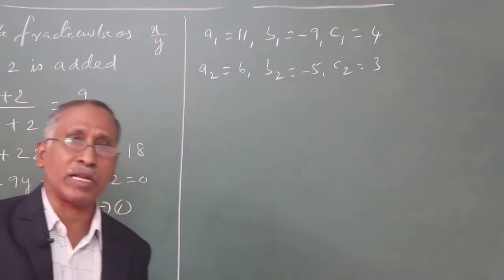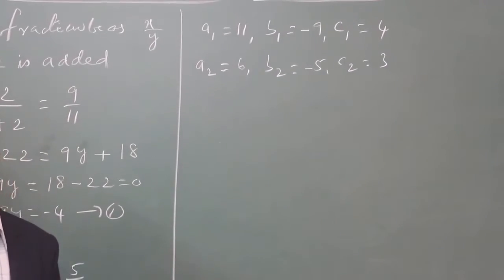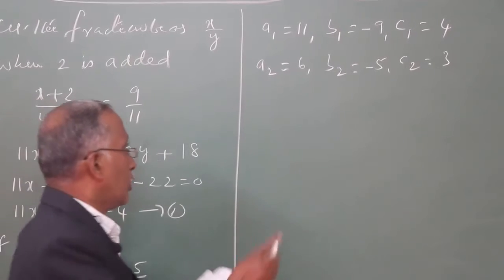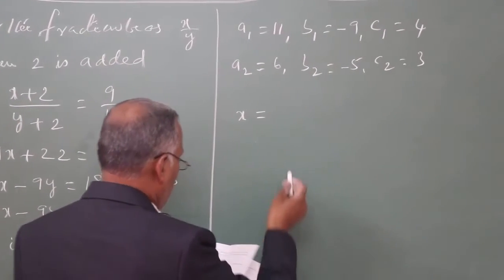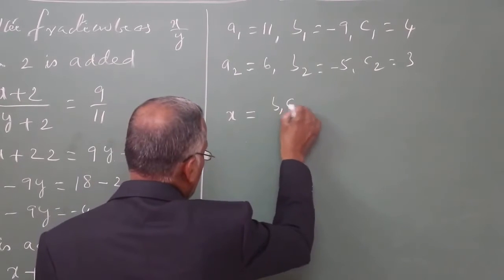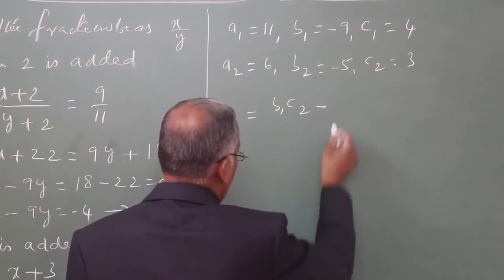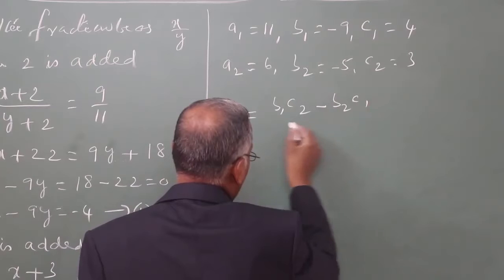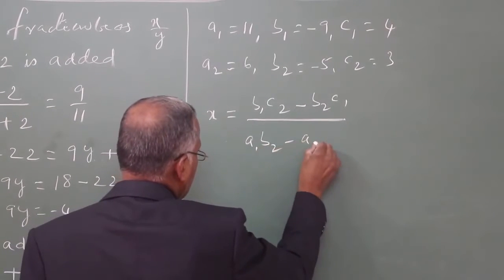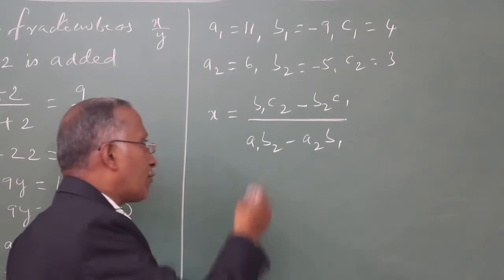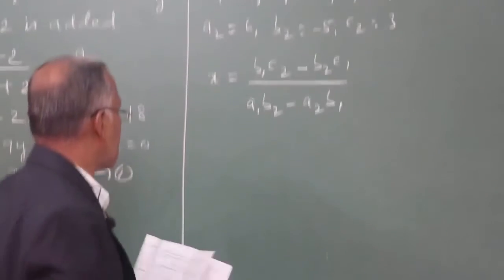Already we have learned two methods; we are going to do this by the cross multiplication method. You know well that x equals b1 c2 minus b2 c1 by a1 b2 minus a2 b1. Afterwards you can find y also.